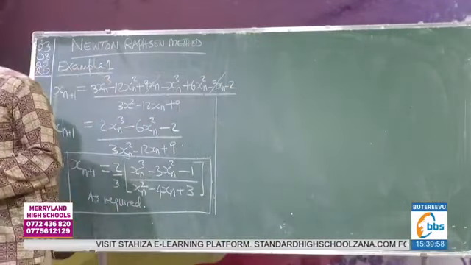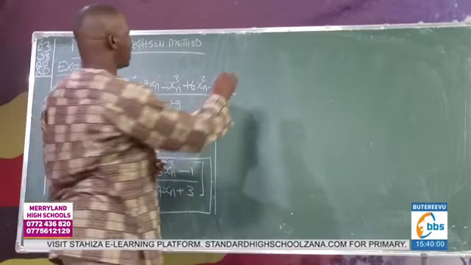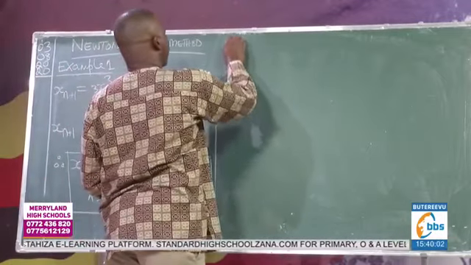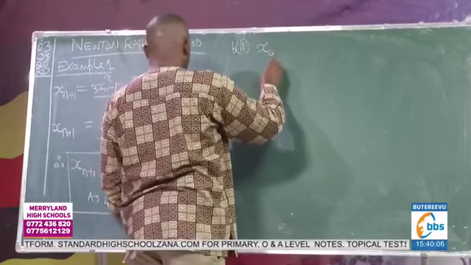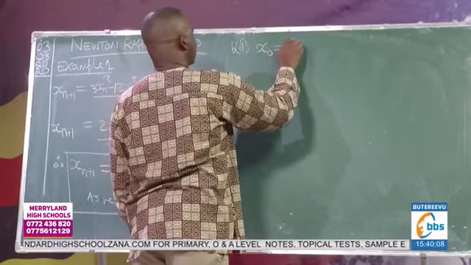The last part, they are giving us that our first approximation, which we called x naught, is negative 0.5.